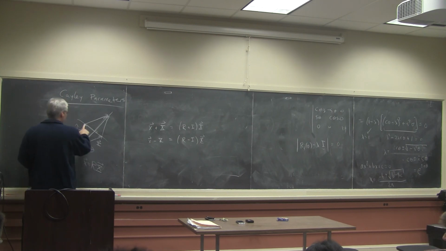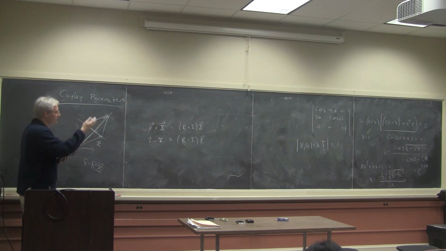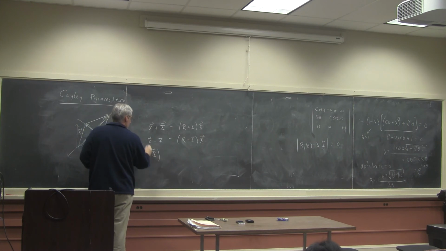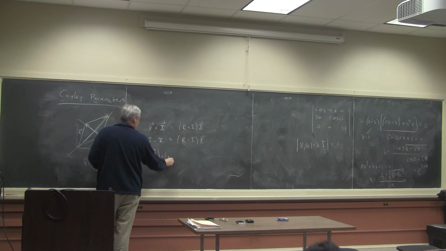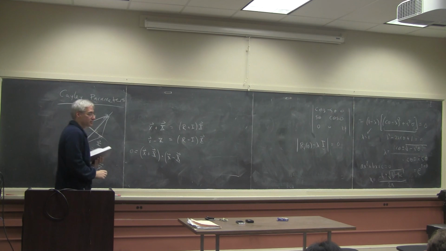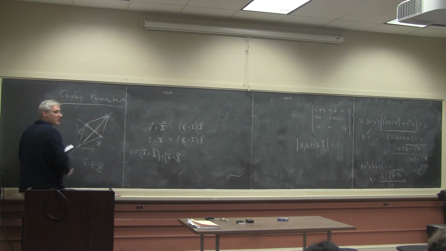And little x minus capital X defines this vector right here. So if you believe the ancient Greeks, then little x plus capital X, dot product with little x minus capital X, should be equal to 0, because these two are perpendicular to each other.